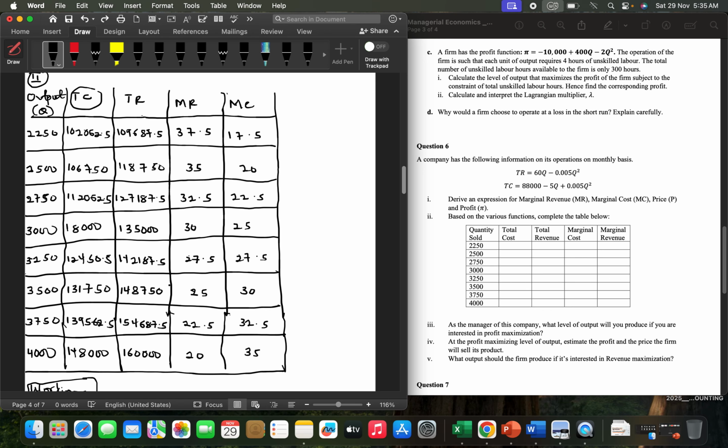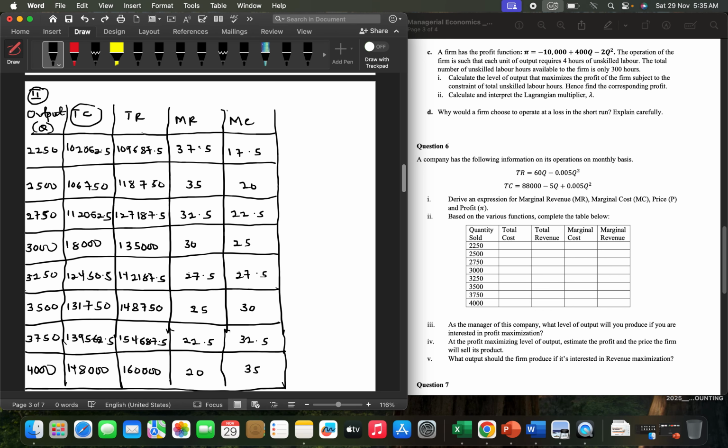So we move to the table. We have to cross check for the profit maximization condition, which says that MR must be equal to MC. So this is MR. They are not the same. On that side, they are the same. So we will trace it to its output. So this is our output.